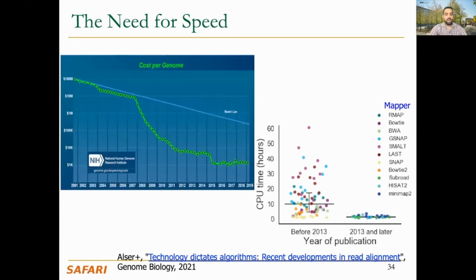Why is that? What's happening in 2013 or 2011? Why are we now proposing very fast tools? If you look at the cost of sequencing, meaning how much you pay to get a genome, for example, back in the very old days it was very expensive. So there was not much data available for you to do the analysis.